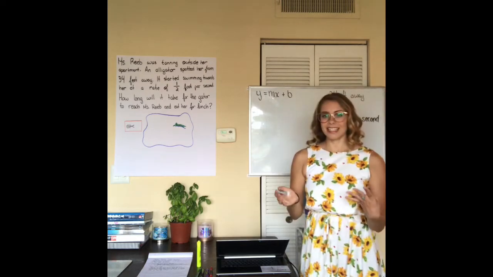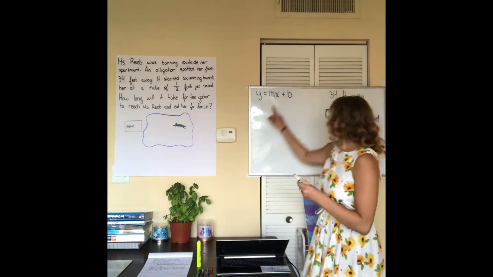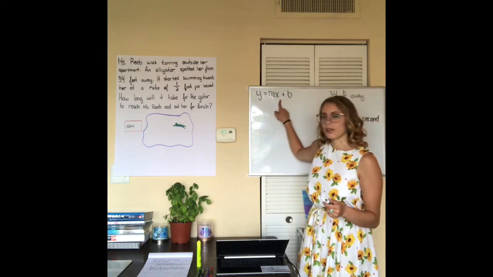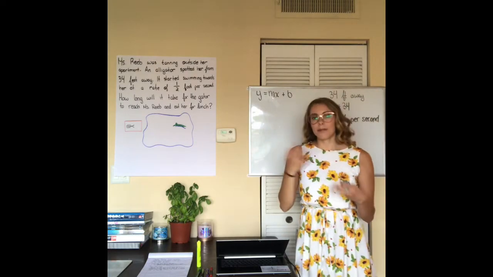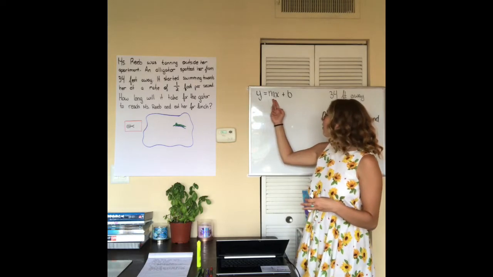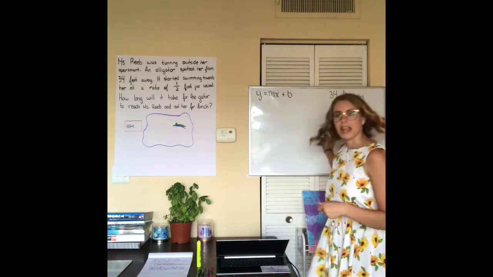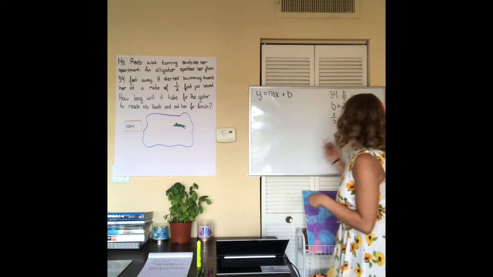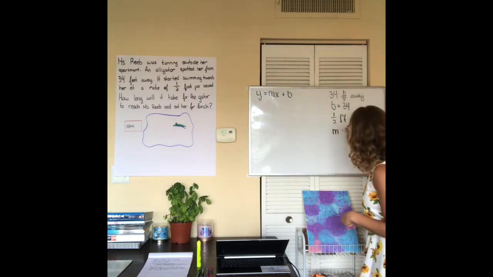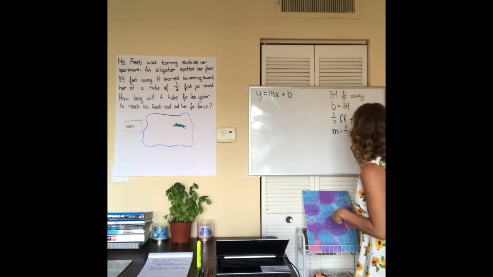And our rate is going to be connected to our x value, because a rate implies that these 2 terms are doing something with each other. So that means that our rate, 1/2, is our m value. So our m value is 1/2.